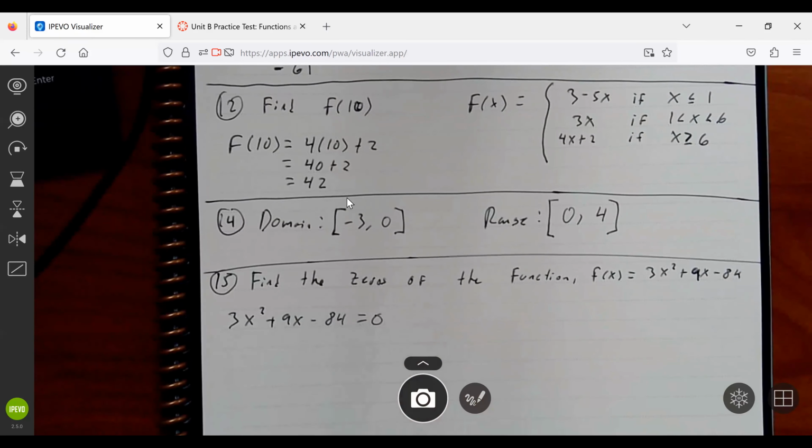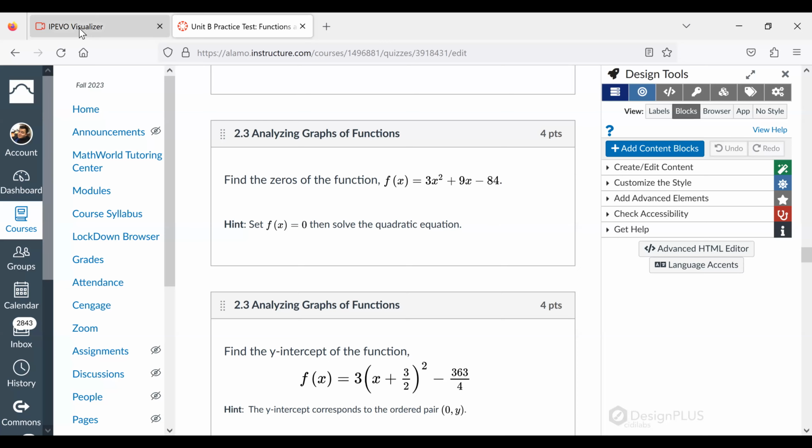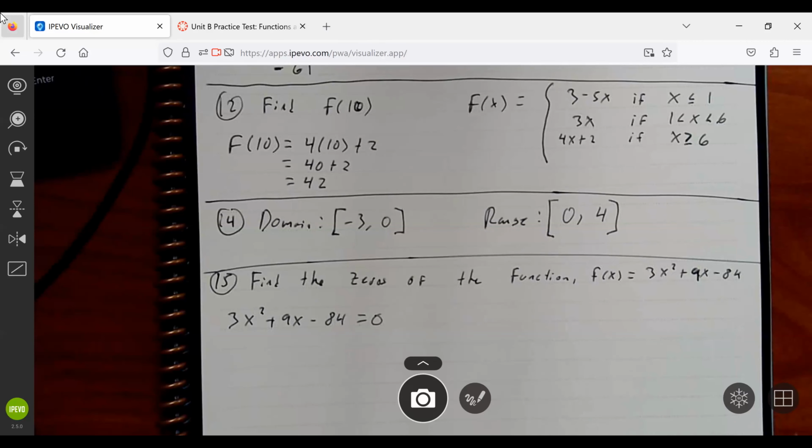Double check the numbers. 84, 9x, 3x. Yeah, we're good. So solve this. And you'll have your zeros.